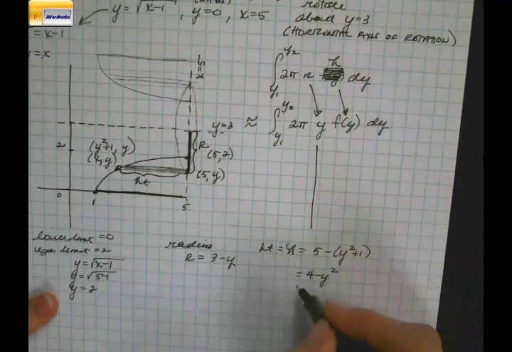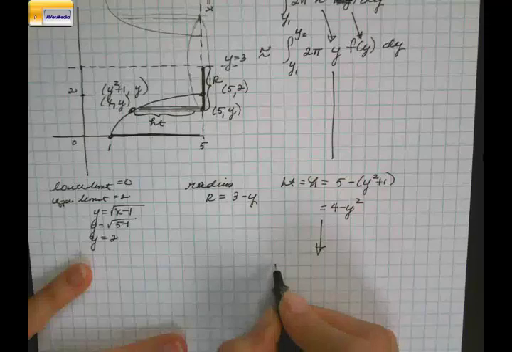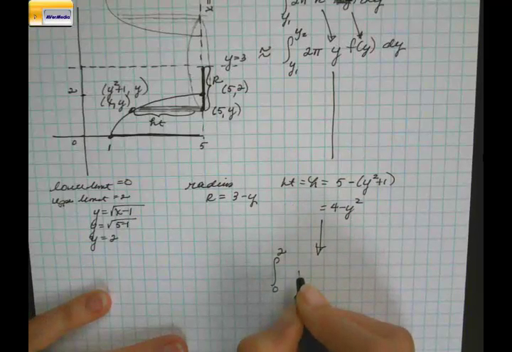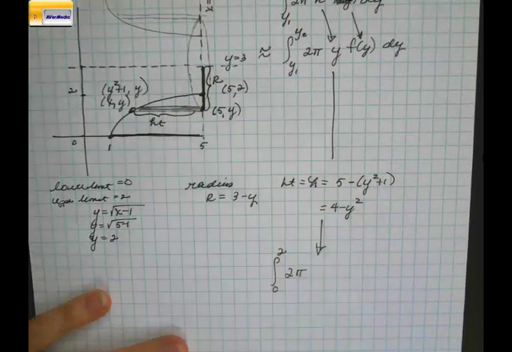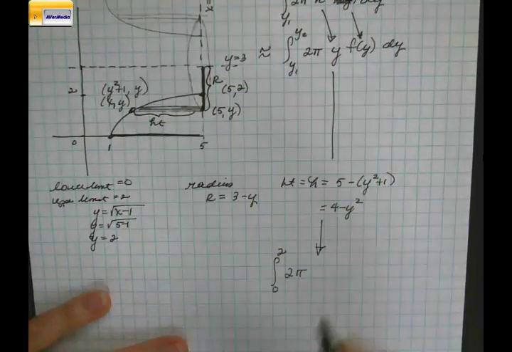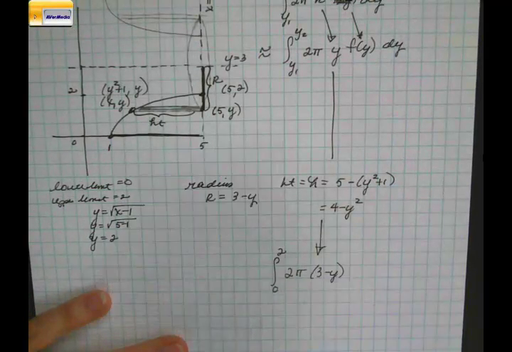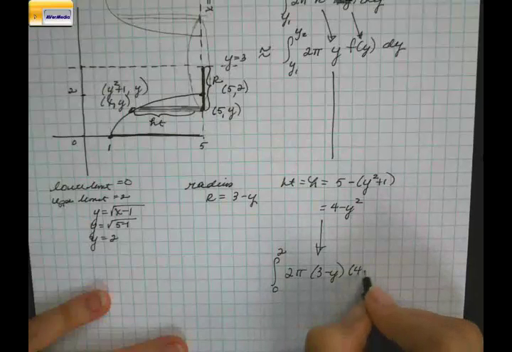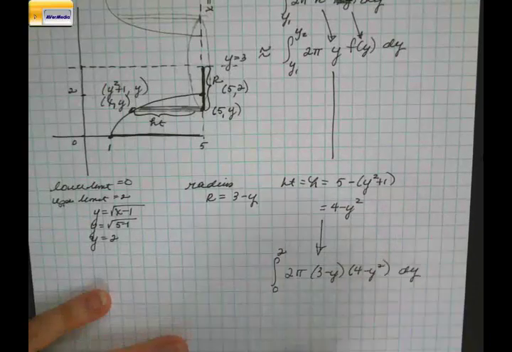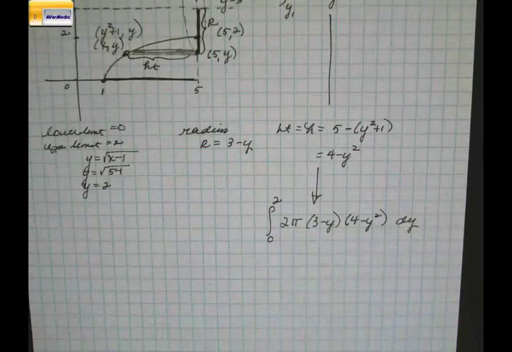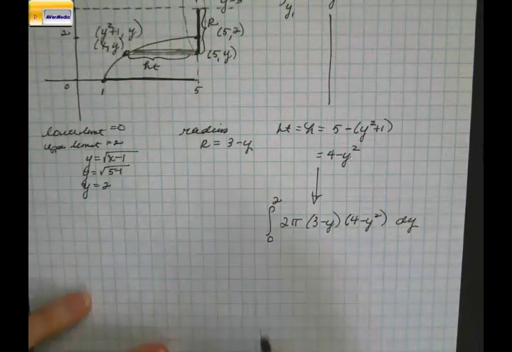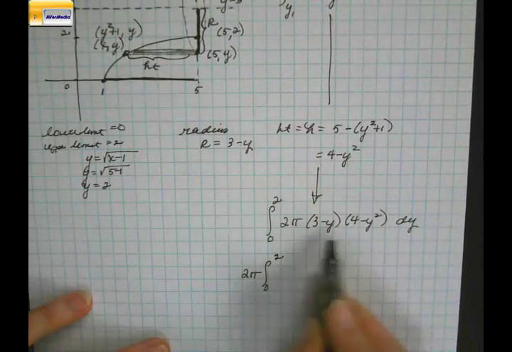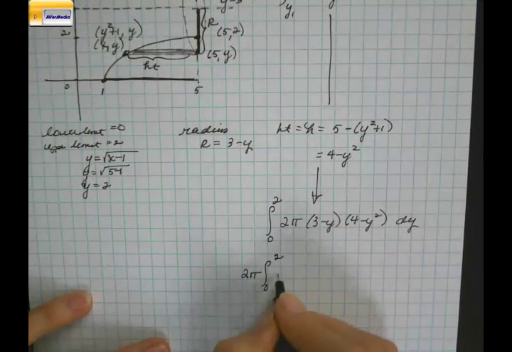Okay, so this comes down through all my mess. So you're integrating from 0 to 2 of 2 pi. Your y, which is your radius, is replaced by 3 minus y. Your height is replaced by 4 minus y squared. That's a pretty tough one. So you're integrating from 0 to 2. I'd bring the 2 pi out front and then do FOIL with these two binomials.